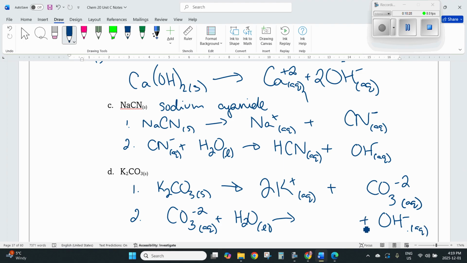Plus, and then look at what's left. Since this water molecule is losing hydrogen, you have OH left. That H is now attached to whatever the carbonate is. So now I have HCO3.